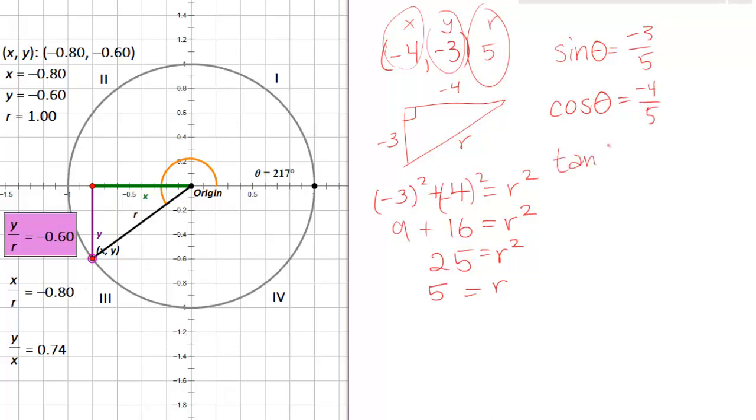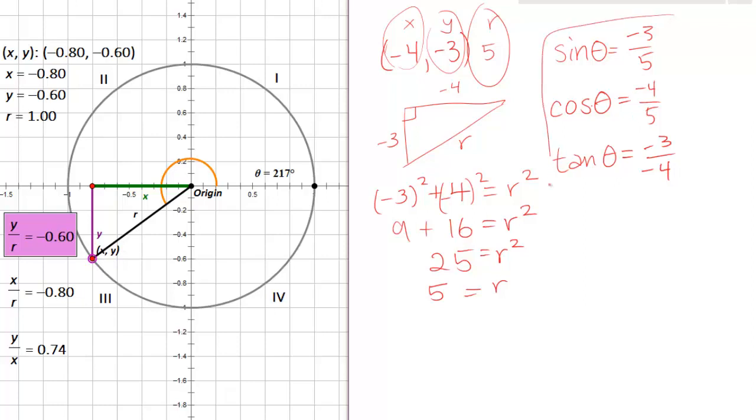And the tangent ratio is going to be the opposite, which is -3 over the adjacent, which is -4, which ends up being about 0.75, which is almost there, depending on the accuracy of the graph.